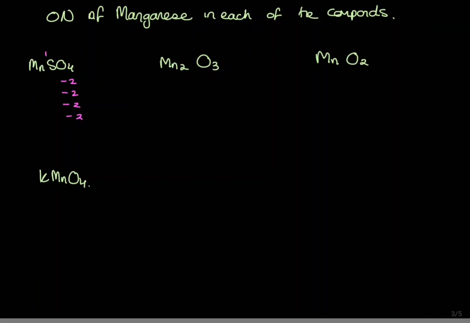So what I'm going to do is look at the sulfate ion as a whole. Now the sulfate ion as a whole is a complex ion, and it takes a charge of -2 when it bonds to something else. That means that the manganese has to be a +2 as well.